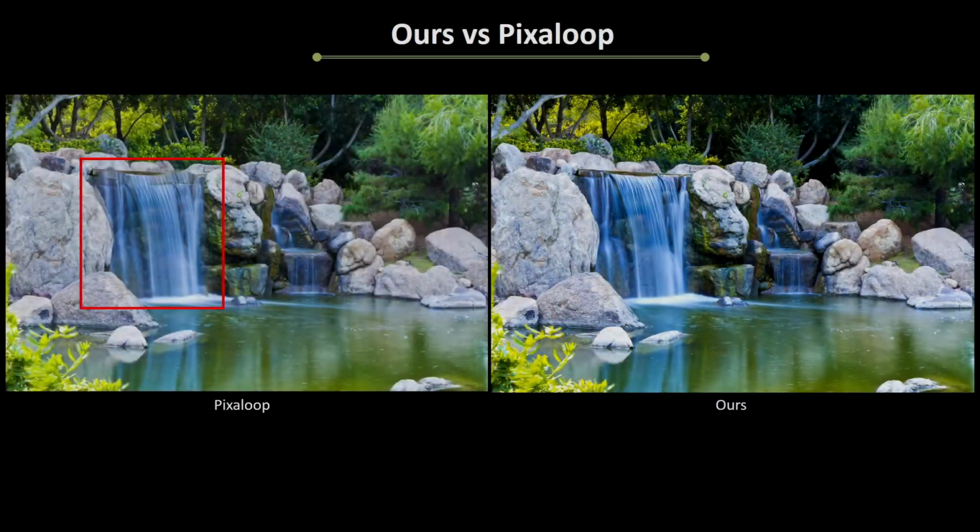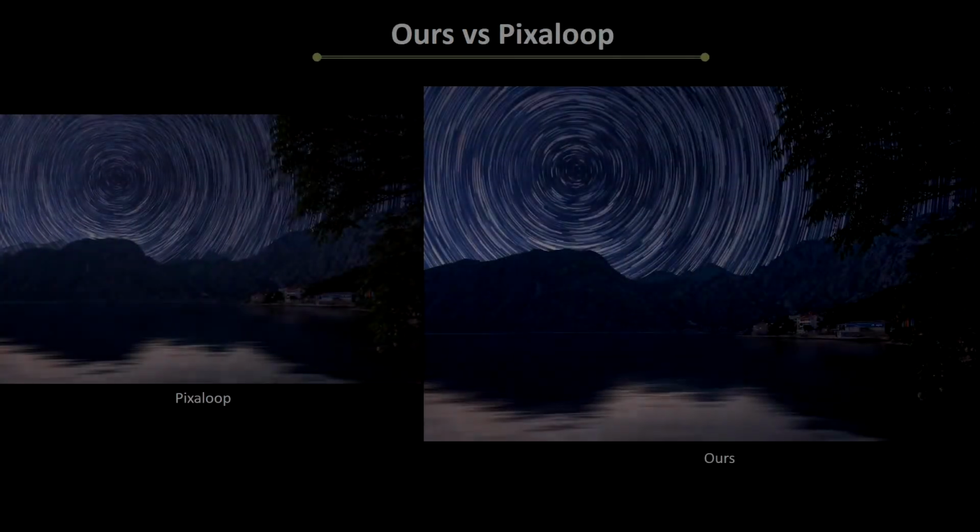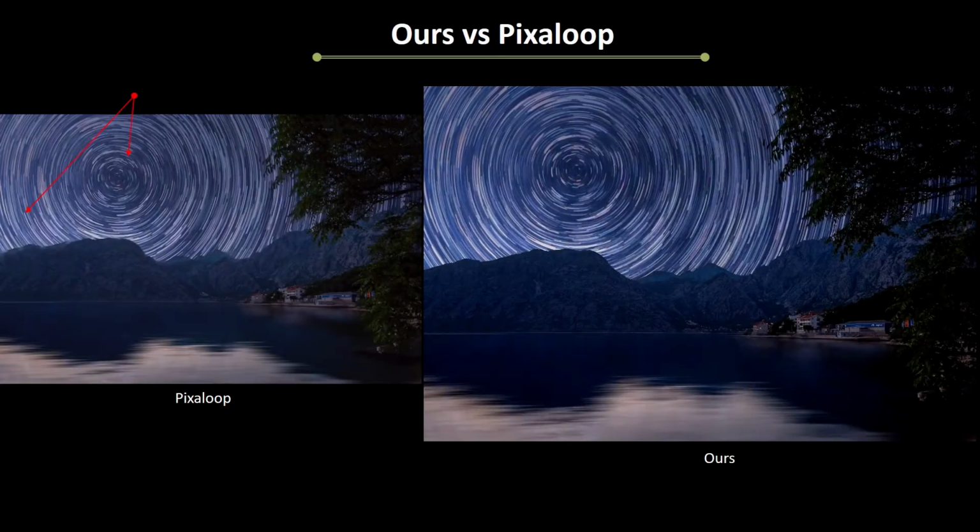In this comparison with Pixeloop, boundary artifacts occur in their result. Also, the stone moving along the direction of the waterfall causes a noticeable ghost artifact. In addition, the curvature in the motion is mostly damaged in Pixeloop's results.